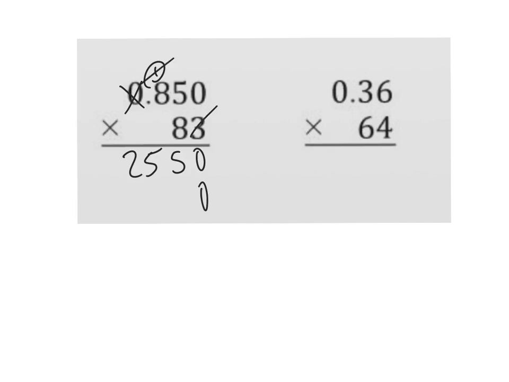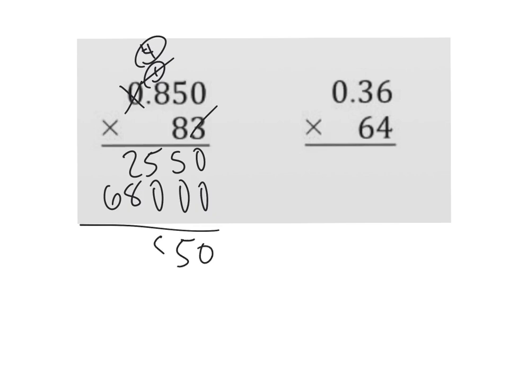So I'm going to scratch those out. And now I've got another 0 again. 8 times 0 is 0. 8 times 5 is 40. 8 times 8 is 64. Plus 4 is 68. And so I'm going to finish this one off by adding. And after I add correctly, I'm going to make sure that I go through step 2 and step 3.